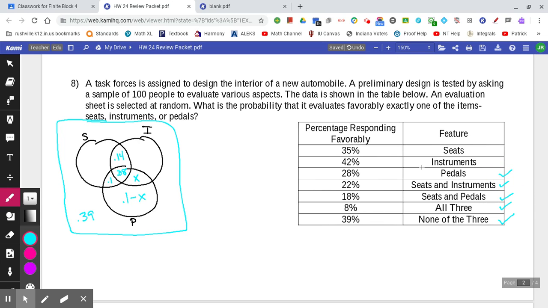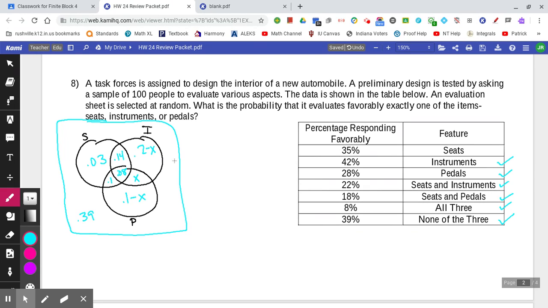And then 0.42 for instruments, so 0.42 minus 0.14 minus 0.08. That's going to give me 0.2 minus x. And then for seats, that's 0.35 minus these that I'm given, which I can actually do. So 0.35 minus 0.14 minus 0.08 minus 0.1, and that's going to give me 0.03.